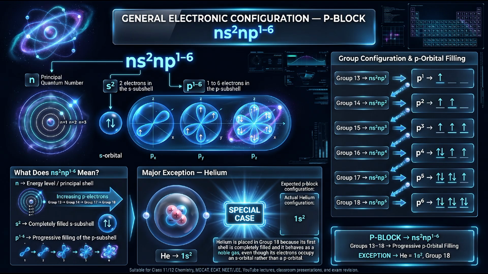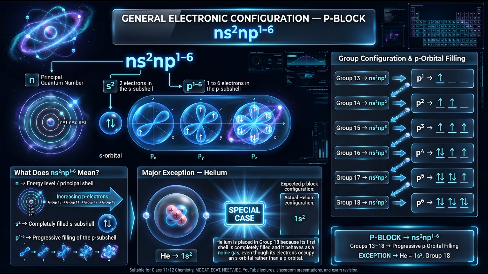Once all 6 p electron positions are filled, the p-subshell is complete. Therefore, whenever you see the expression ns²np¹ to ⁶, remember that n represents the principal energy level, s² represents 2 electrons in a completely filled s-subshell, and p¹ to ⁶ represents the progressive filling of the 3 p orbitals.